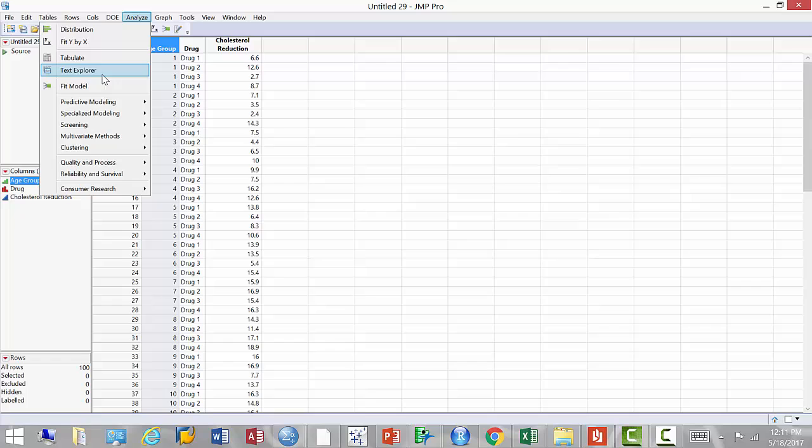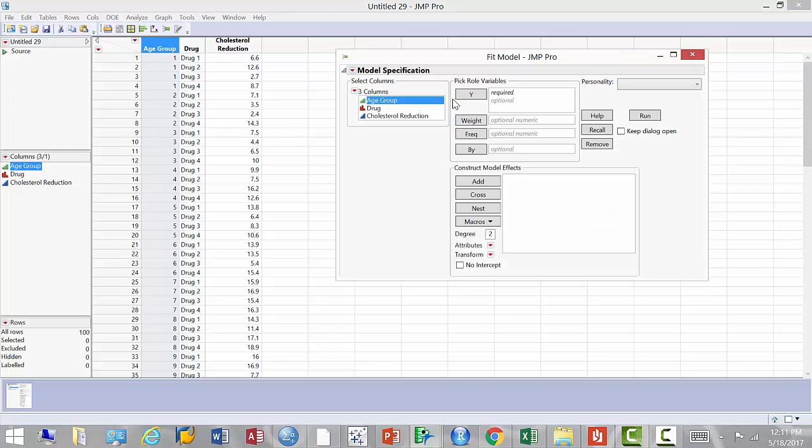So Analyze, Fit Model, and what's my dependent variable that I'm trying to investigate? Something that I can measure numerically, and that would be cholesterol reduction. I'm trying to see if my cholesterol reduction depends on the drug that the patient is taking, and also depends on the weight and age of the patient. So the response variable, the dependent variable that I'm trying to investigate, is whatever numerical variable I'm studying.